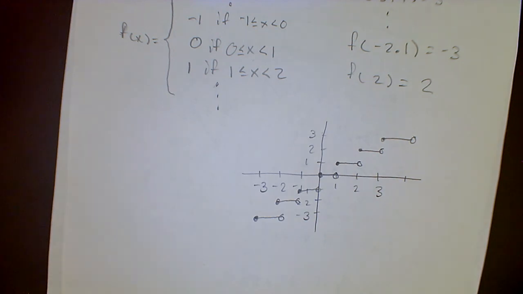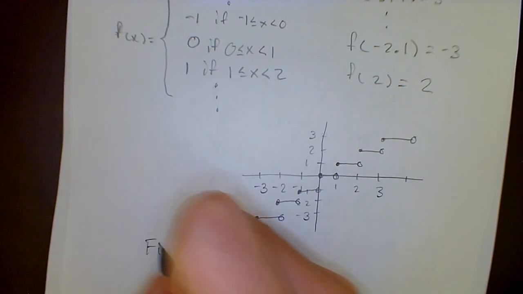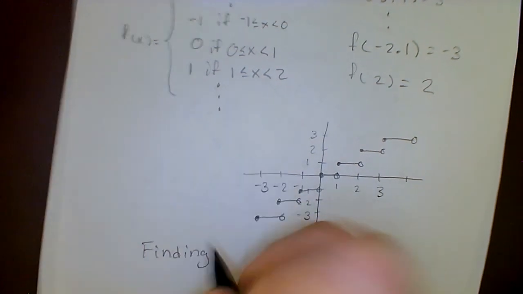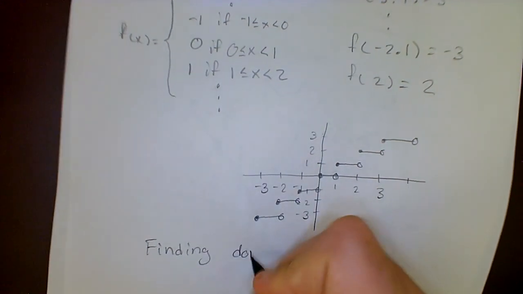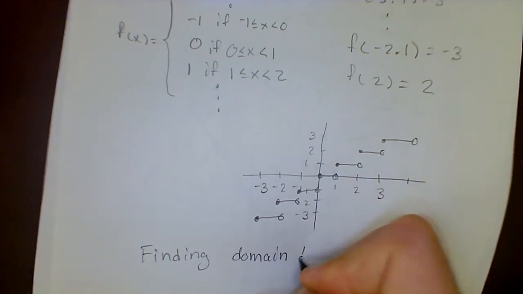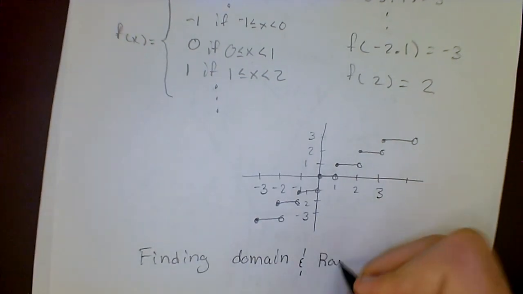And in this one we just talked about some functions that people often use in graphing. So remember, we need to keep in mind finding the domain and range of functions.